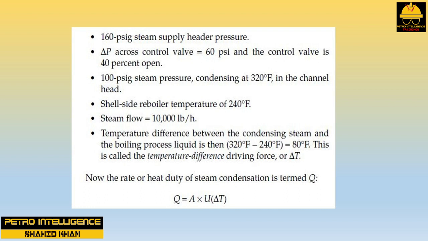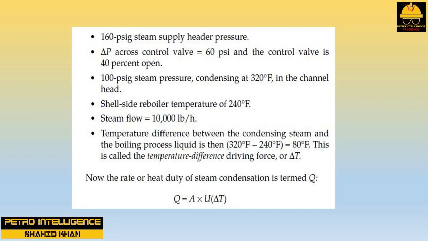Shell side reboiler temperature of 240 degrees Fahrenheit. Steam flow equals 10,000 pounds per hour. Temperature difference between the condensing steam and the boiling process liquid is then 320 minus 240 degrees Fahrenheit equals 80 degrees Fahrenheit. This is called the temperature difference driving force, or delta T.